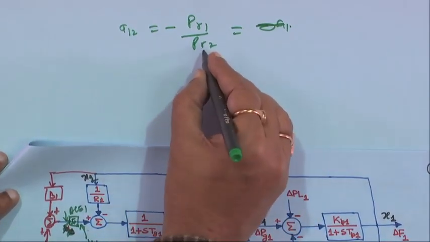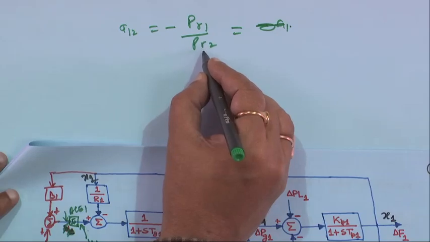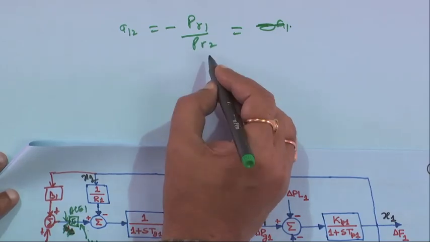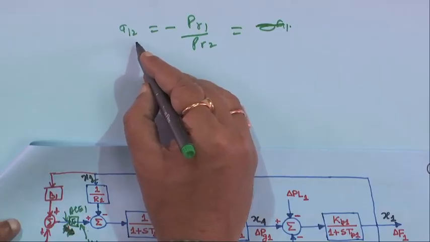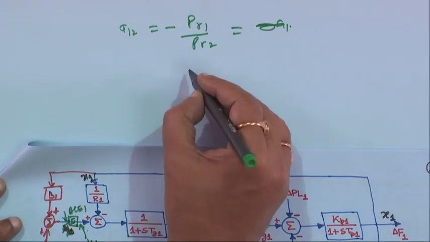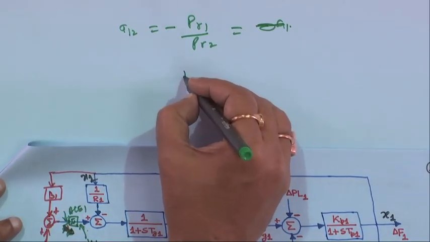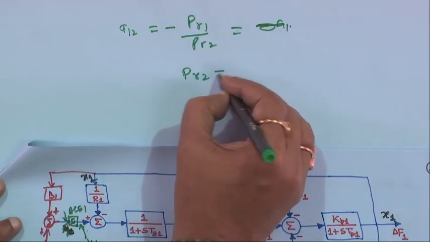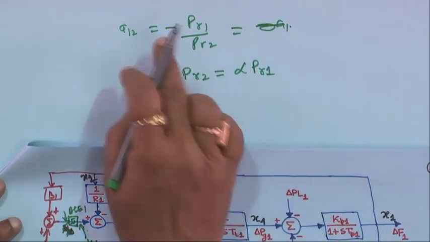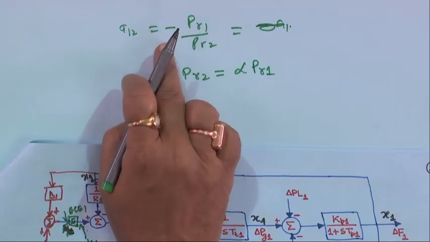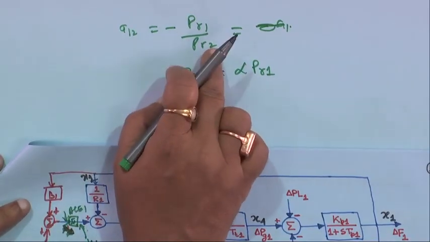Now suppose PR1 is fixed and PR2 is increasing. That means this value will go down, A12 will go down, right? So suppose PR2 is equal to alpha PR1. The minus sign is coming because of the direction of the tie line power flow, otherwise we call it area capacity ratio.